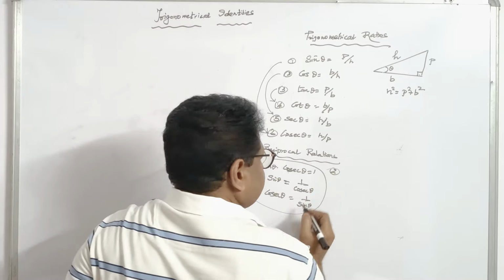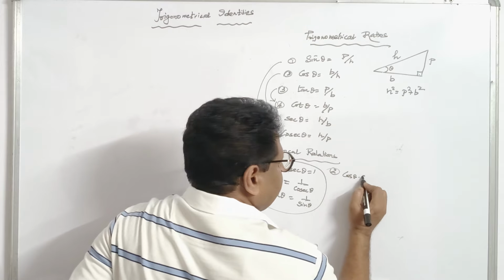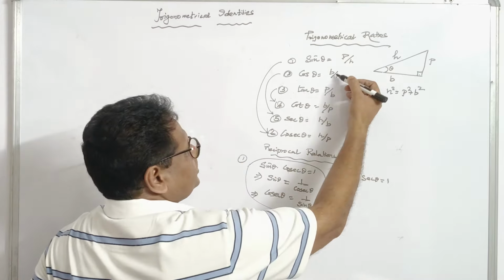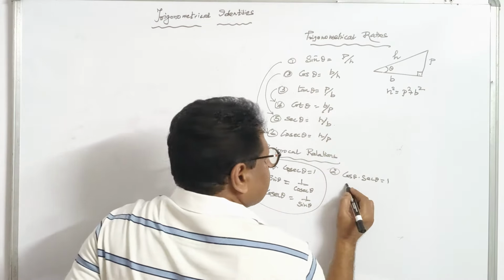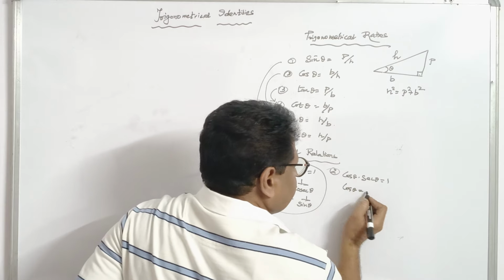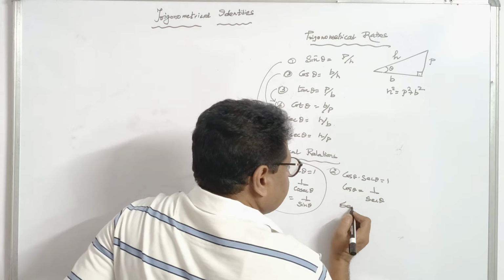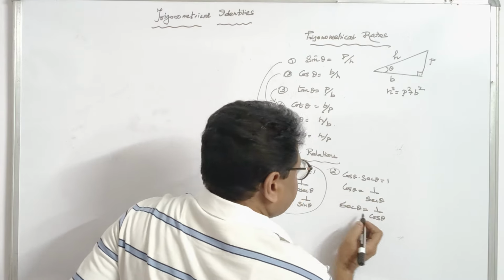The second reciprocal pair is cos theta into sec theta, which is 1. Look at this: cos is b by h, sec is h by b, so both are reciprocal of each other. So we can write cos theta equals 1 by sec theta, and sec theta equals 1 by cos theta.